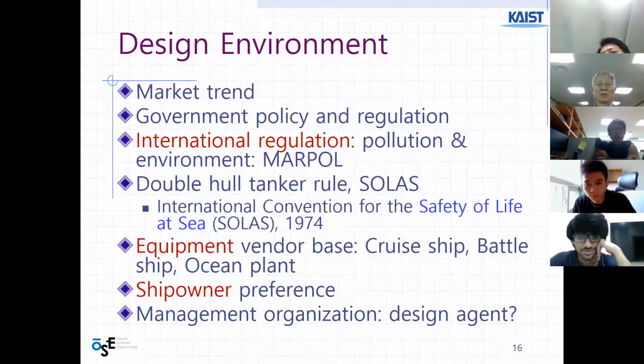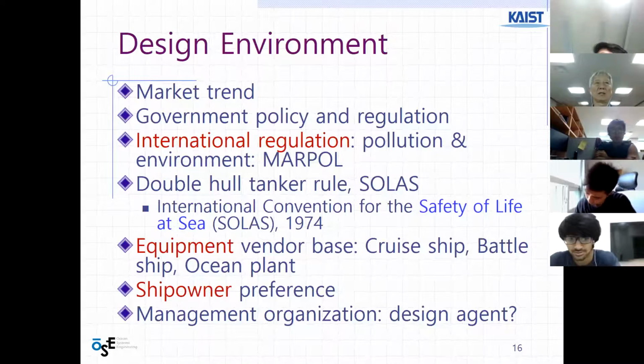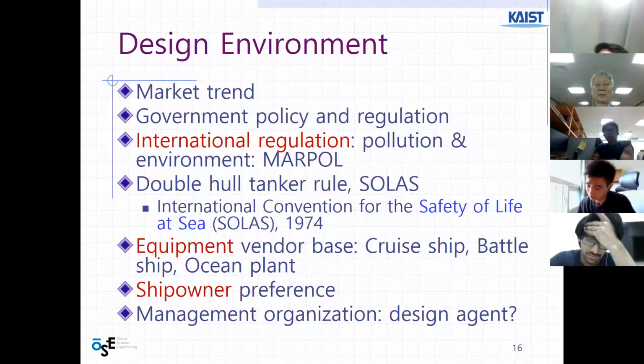And also ship owner preference. There are very special ship owners who prefer something yellow, something high speed. Depending on the person or company, they have their own special preference. So designers should know about this. And the management organization who will operate the ship.